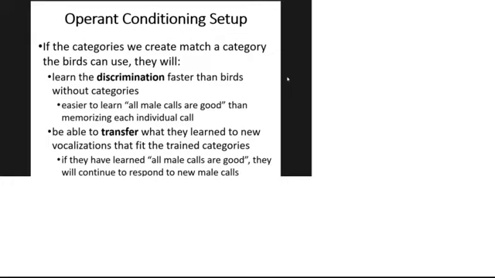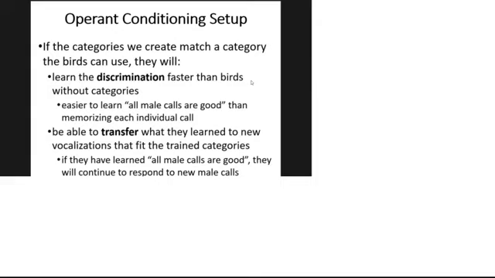And so we can also do, I don't know if I have a slide specifically for this, but we call them true category groups, where we set it up so that all of our reinforcement contingencies match the categories that we think the birds should be using.